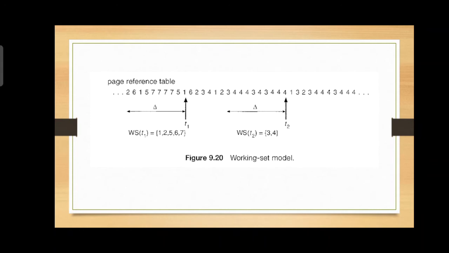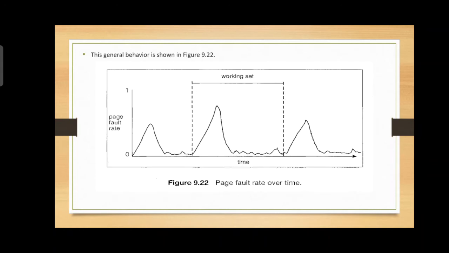This general behavior is shown in figure 9.22. A peak in the page fault rate occurs when we begin demand paging a new locality. However, once the working set of this new locality is in memory, the page fault rate falls.